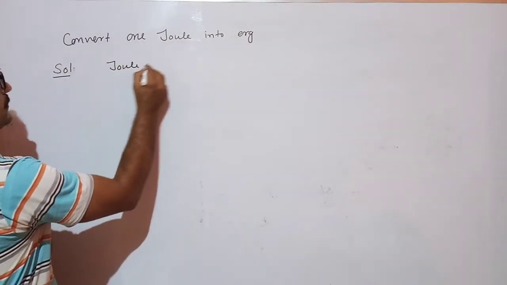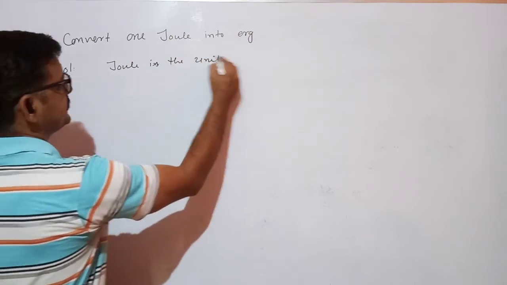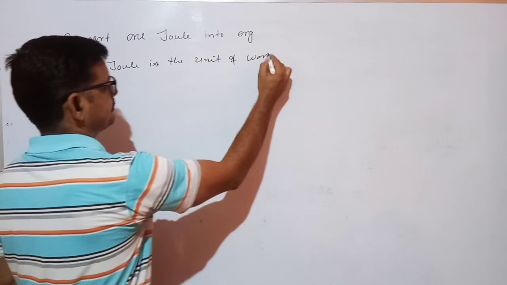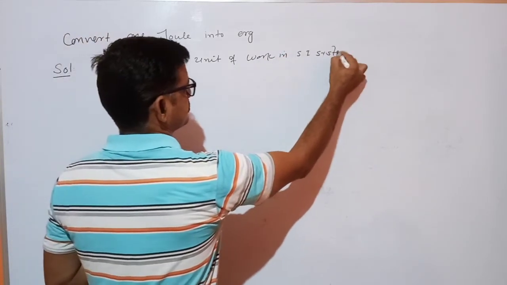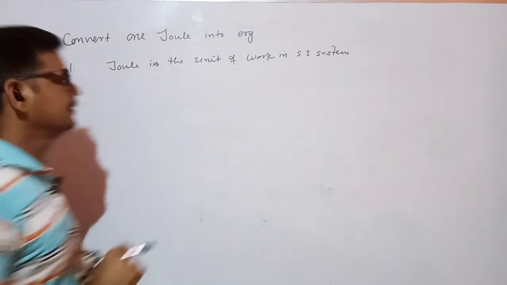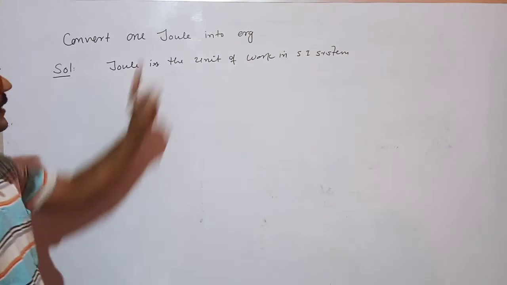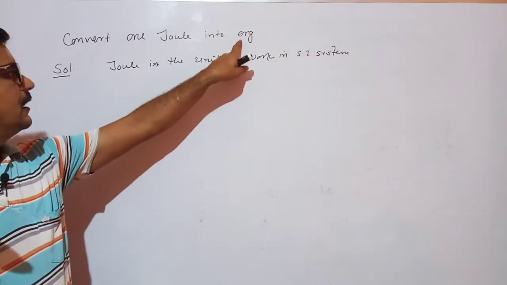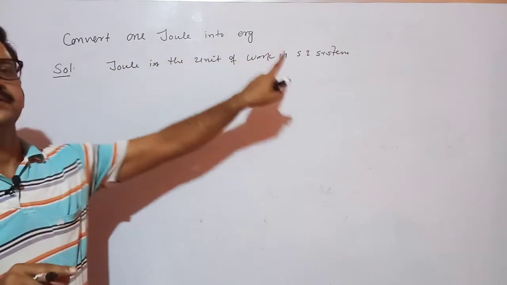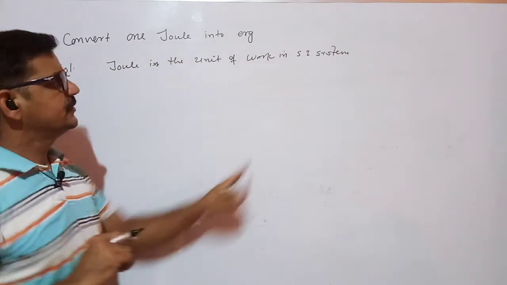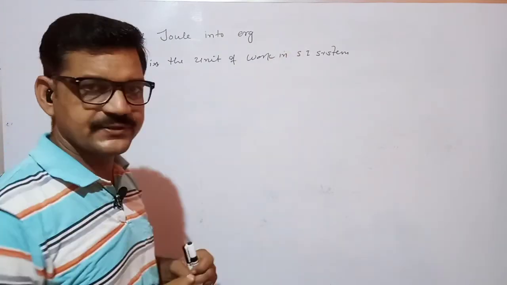Joule is the unit of work in the SI system, and erg is the unit of work in the CGS system. It means you have to convert SI units into CGS units.